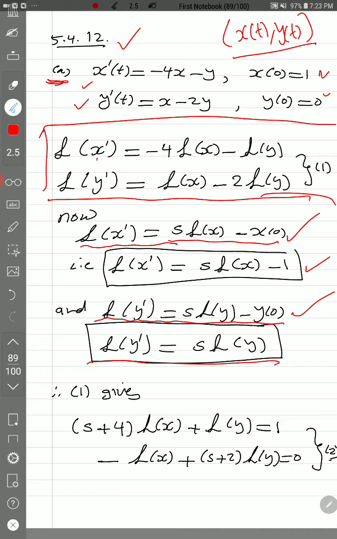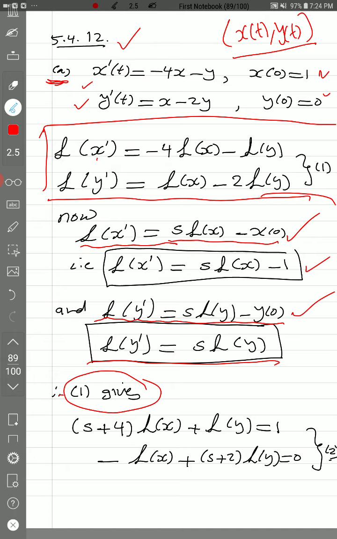So we get L of x prime and L of y prime. Substitute back into 1 for L of x prime and L of y prime. I get 2 equations. Of course, this is L of x prime, it goes. And then I take L of x as a factor and we substitute, and the first one gives the differential equation.